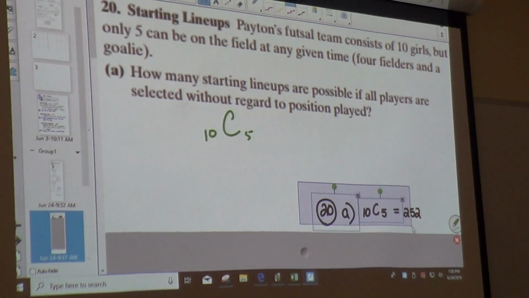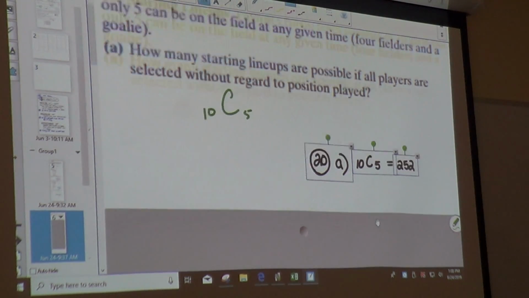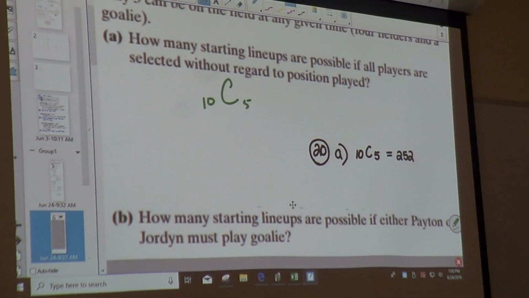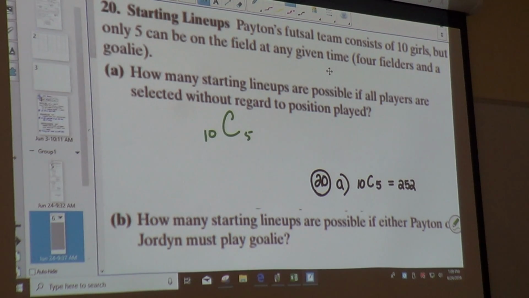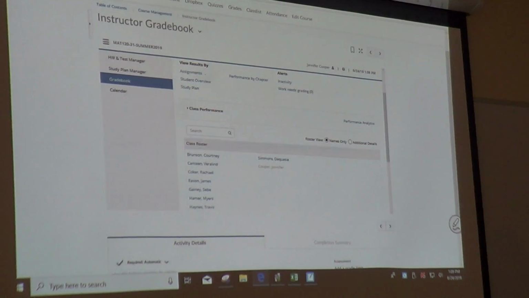Some of y'all saw that answer before I could get it covered up. Sorry, what does that question say for what team? Just for that team. I think he's asking the sport. I have no clue what that sport is. Do you want to Google it? Futsal? I have no idea. I have never heard of this sport. It sounds kind of like a soccer kind of sport.